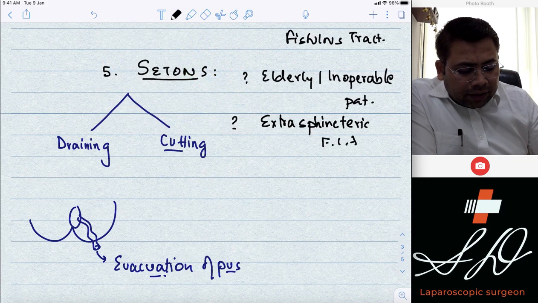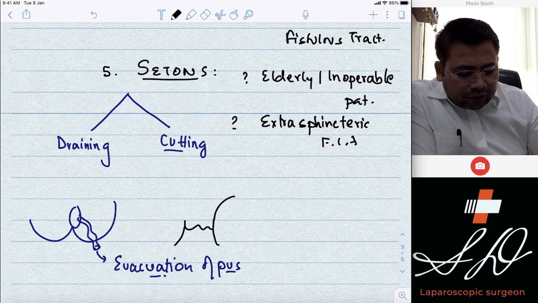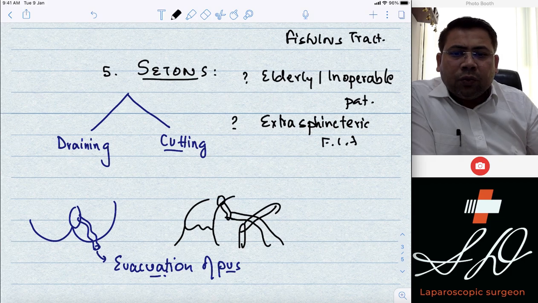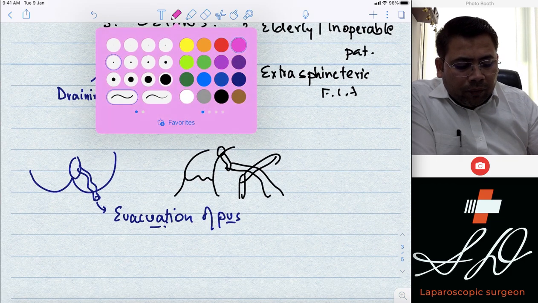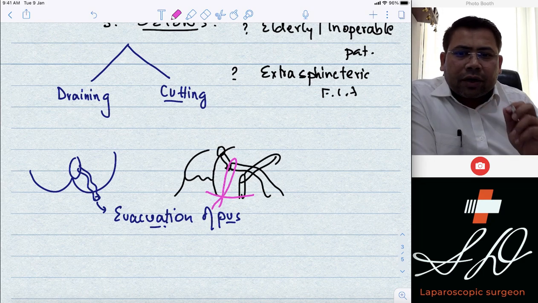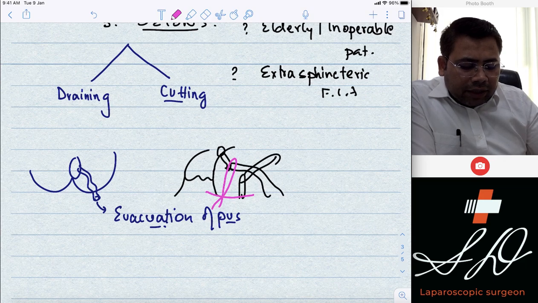What is the concept of cutting setons? Now try to imagine, suppose this is a case of extra-sphincteric fistula. This is the sphincter complex, and can you see this is too deep inside? So you tie a suture around this and you tighten it progressively. Suppose this is day 0.